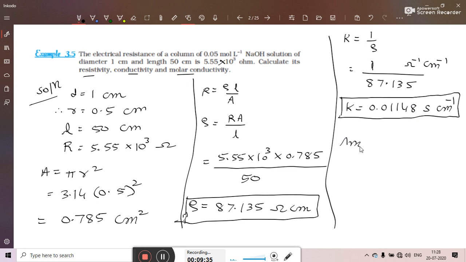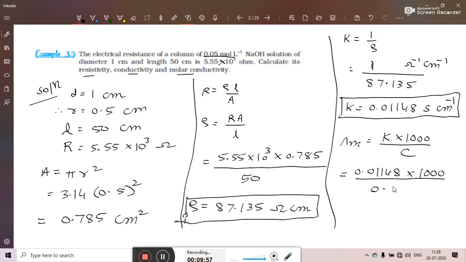Now lambda m equal to K into 1000 upon C. Now K is 0.01148 into 1000. Now C is the concentration of the solution in terms of molarity, so that is 0.05.